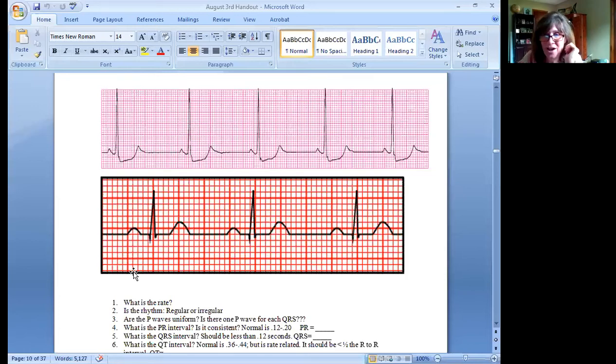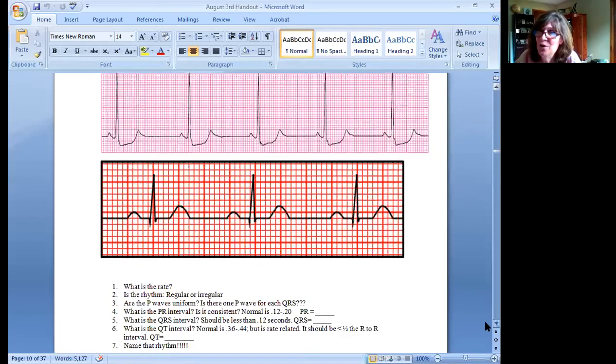Perfect. My QRS nice and skinny. 0.06, 0.08. QT, let's count it. 1, 2, 3, 4, 5, 6, 7, 8. 8 times 0.04 is 0.32. We're fine. Woohoo! Normal sinus rhythm. What should the nurse do? Leave them alone. If it ain't broken, don't fix it.